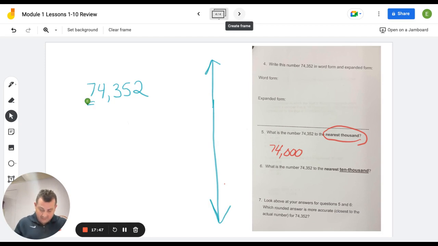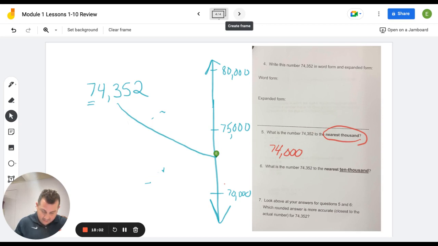So that 7 means we're going to start with 70,000. We're going to go up to 80,000. And what's smack in the middle? 75,000. We place this number and it goes below the midpoint, 74,352. So it would be rounded to 70,000.